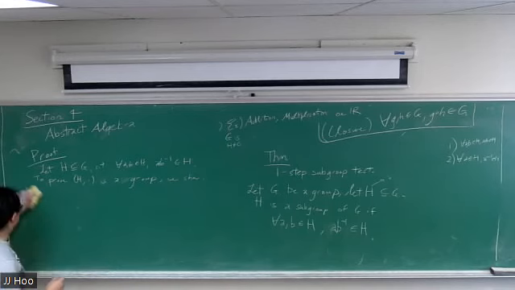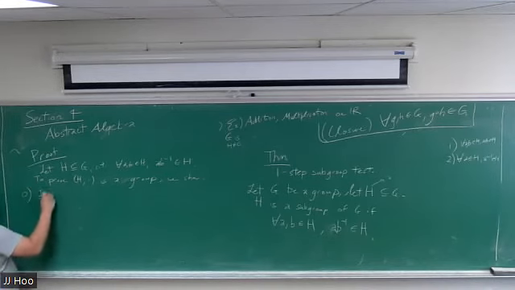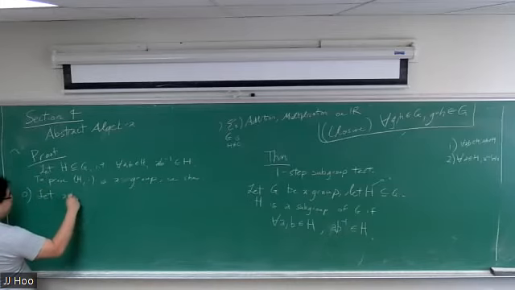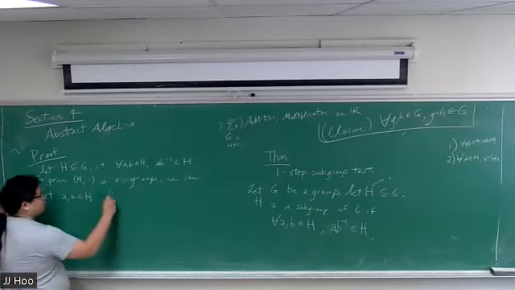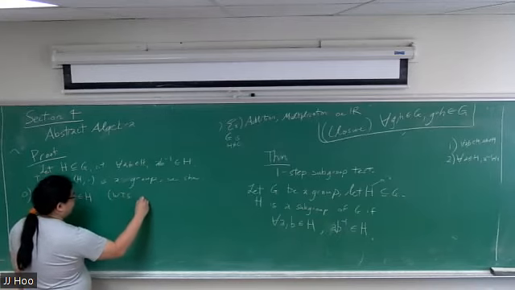And I'll probably label 0 as the closure part. So let A and B be in H. To show closure, I need to show that AB is also in H, right? So if I have that AB is in H, again, I want to show that.